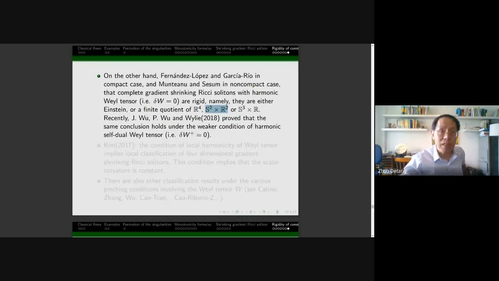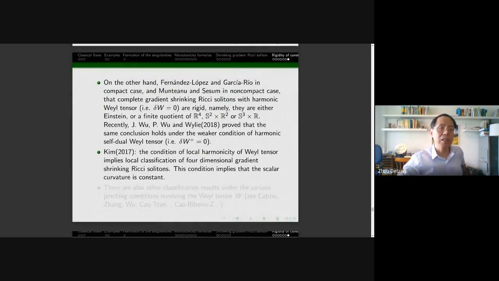An interesting result is that Kim proved that the condition of local harmonicity of the Weyl tensor in the four-dimensional case implies that the scalar curvature is constant. You don't assume the scalar curvature, but this implies the scalar curvature is constant.